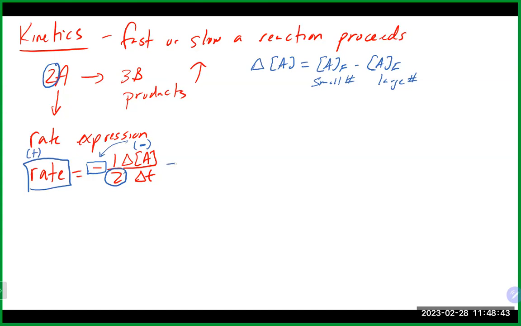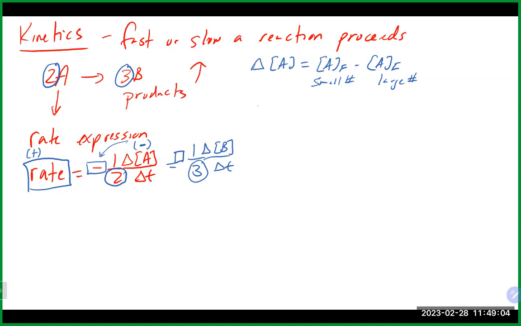We could also set this equal to our product side, which would be 1/3 change in the concentration of B over the change in time. Once again, the 3 comes from the coefficient, and that takes care of the stoichiometry part. Again, we do not have a negative sign here. It's positive because it should be increasing with time.